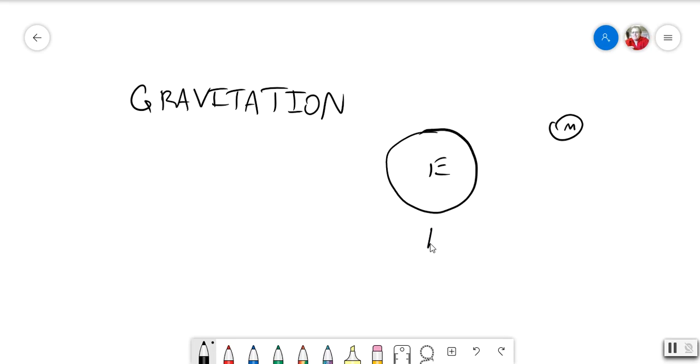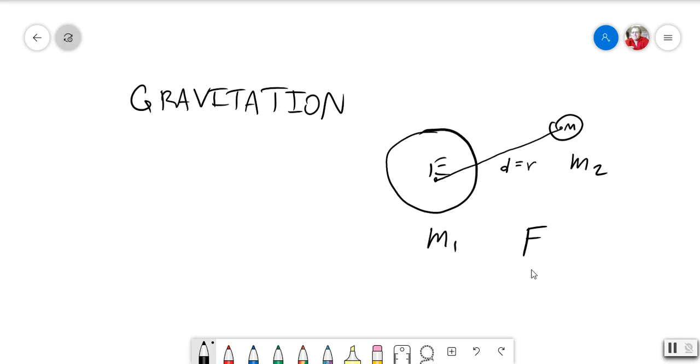Each of those objects has a mass, which we symbolize M1, M2. And there's a certain distance between them. We measure the distance center to center, and that is D, or sometimes they use R for radius. And then you have the force between them, which in this context is basically what we call weight.